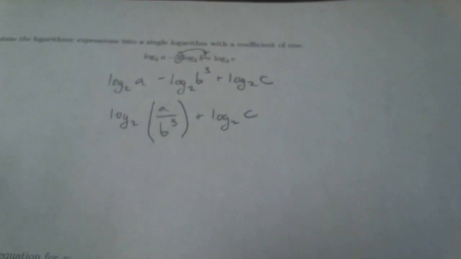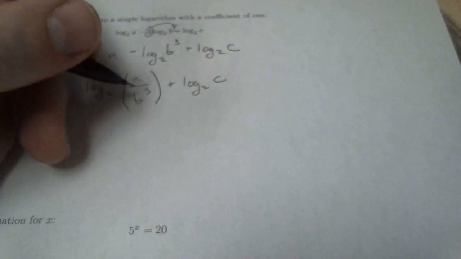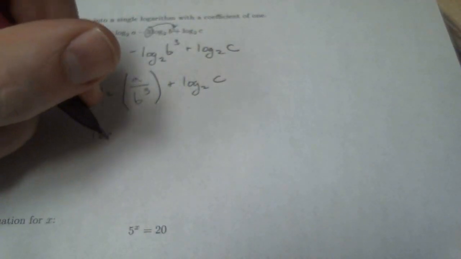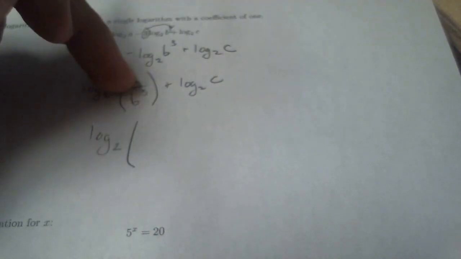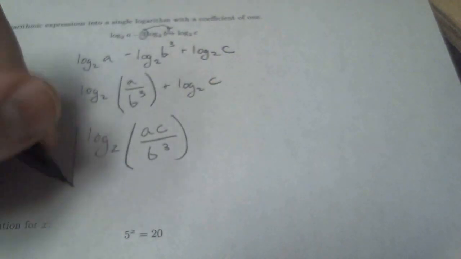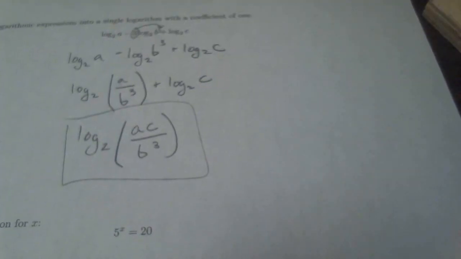Then finally, if we're adding 2 logarithms with the same base, we can combine those into a single logarithm, and we take the product of the 2 arguments. So you have a over b to the third times c, which would just be ac divided by b to the third. And that is all that question is asking.